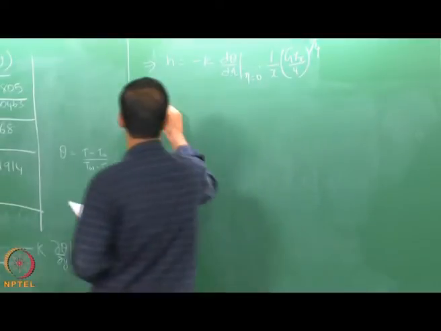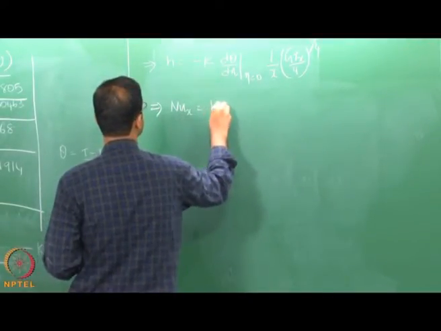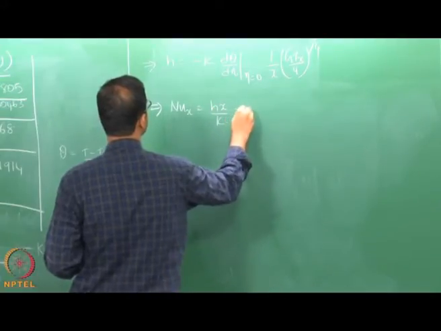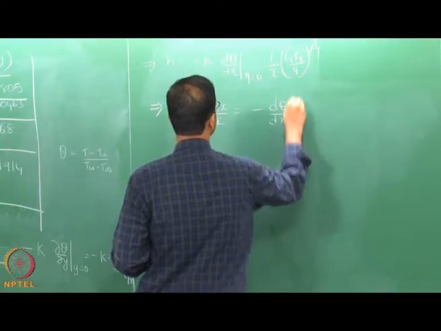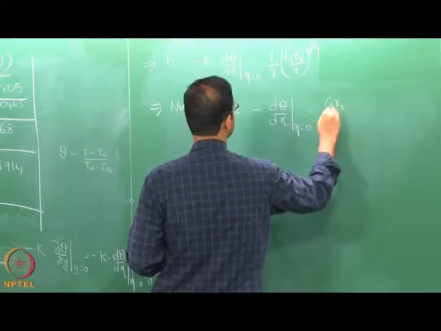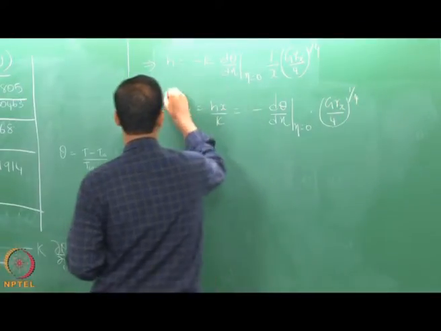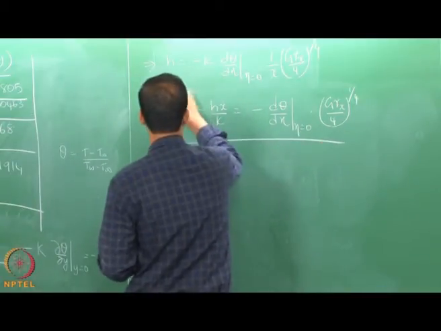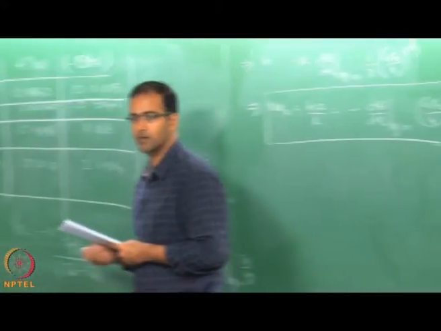Okay. So, therefore, if we define a local Nusselt number as hx by k, we simply have minus d theta by d eta at eta equal to 0 into Grashof number by 4 raised to the power 1 by 4. Okay. So, this is your expression.